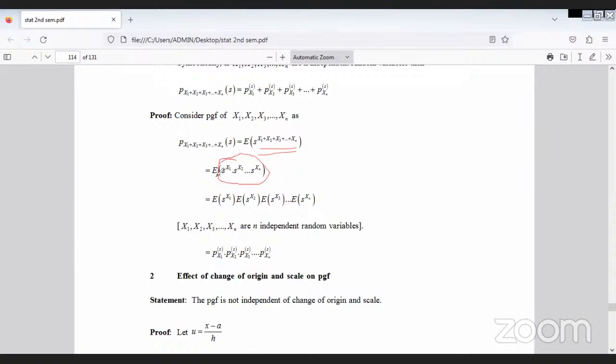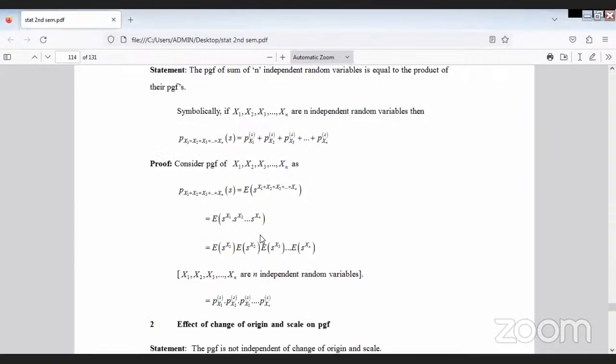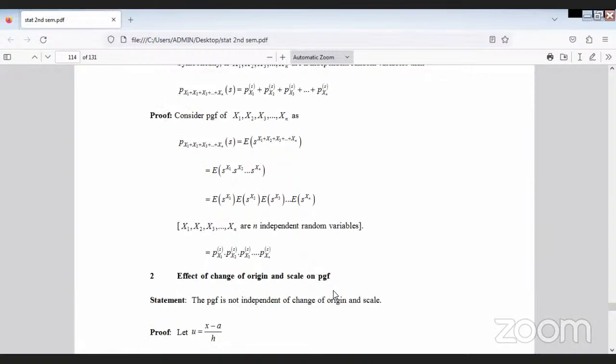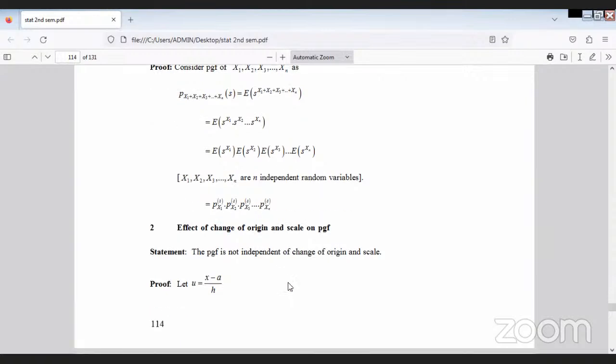Exactly. And next I do the multiplication: s power X1 into s power X2, so I take separately E of s power X1, E of s power X2, E of s power X3, up to E of s power Xn, correct? Yes, sir. Because X1, X2, X3, Xn are independent random variables, addition and product are different, so we can take P_X1(s), P_X2(s), P_X3(s) and P_Xn(s).